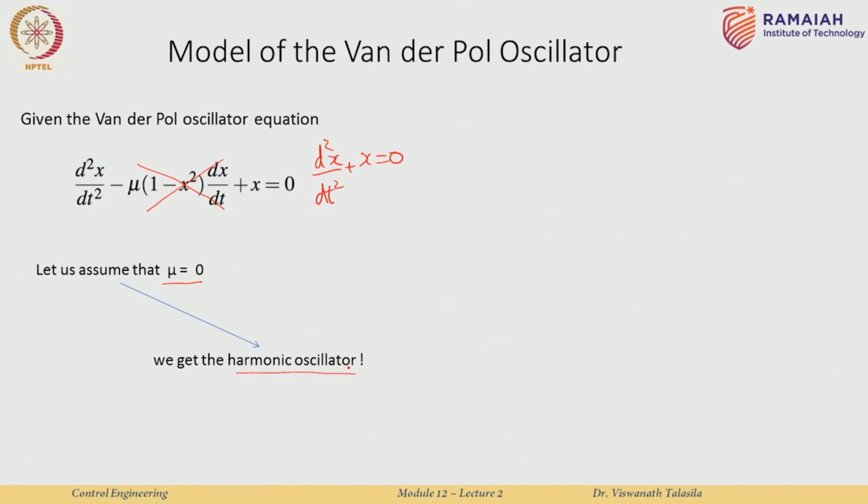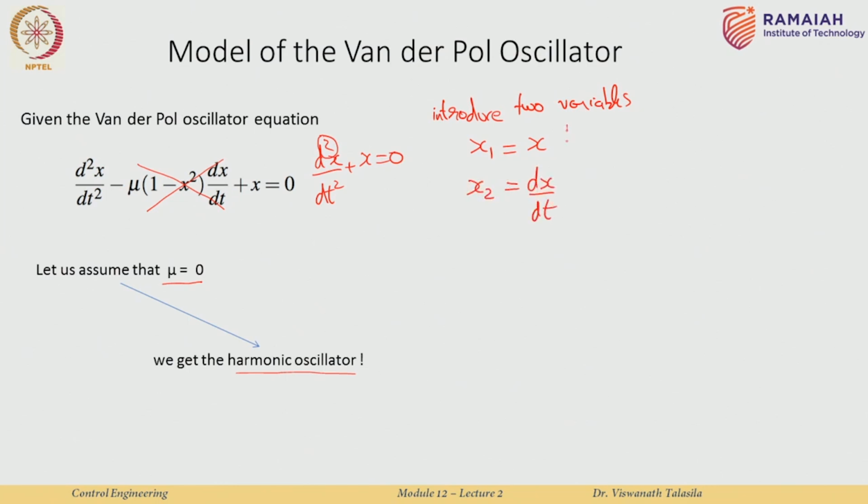So, let us model this as a state space system. We are going to introduce two variables as we did before, since it is a second order system. We will call the first one x1, and I will denote that to be x itself. We will call the second x2, and we will call it dx by dt.